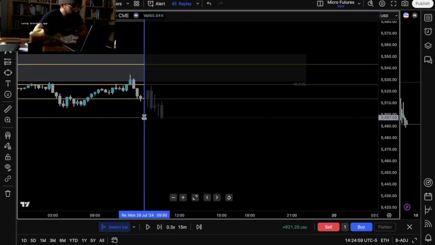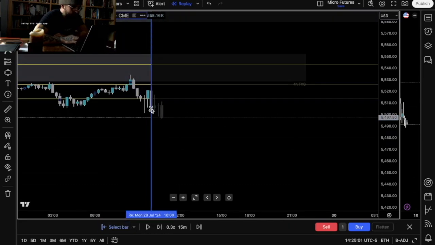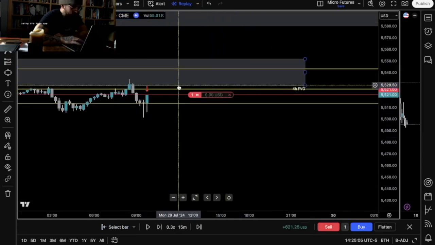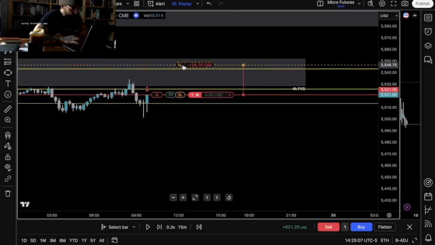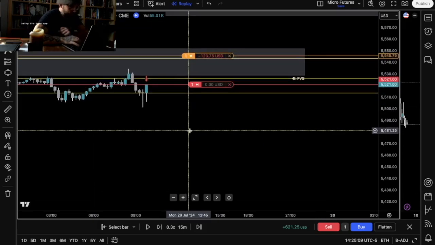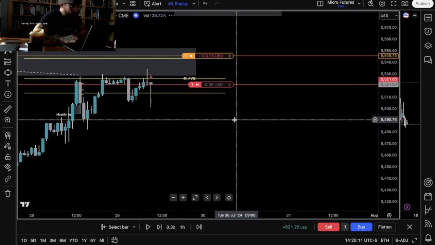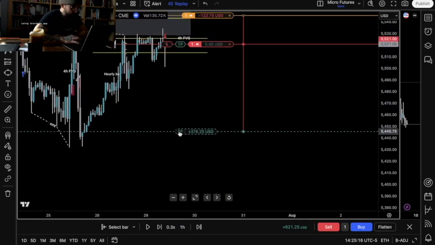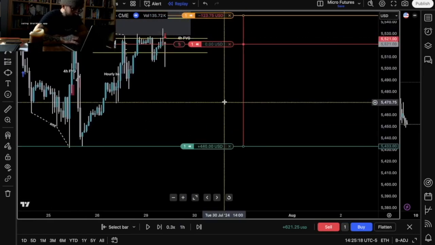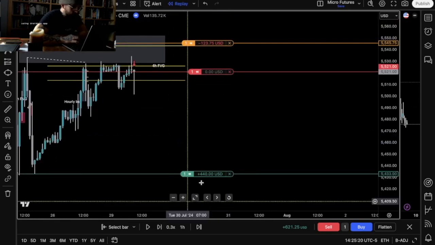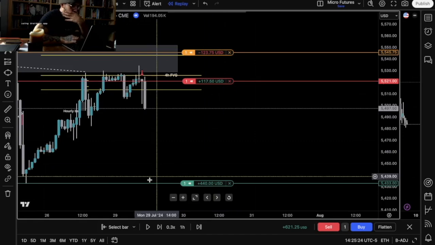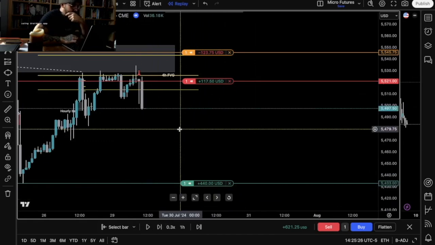Interesting. So what we have here is this internal model playout. I think this was my entry for a swing trade. So let's do this here. I can zoom out. Put it down here.